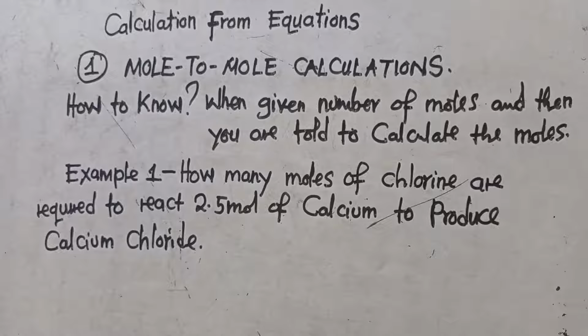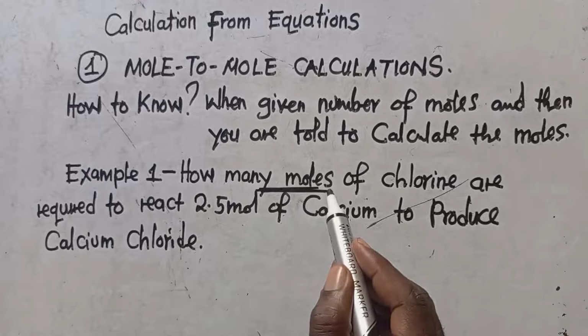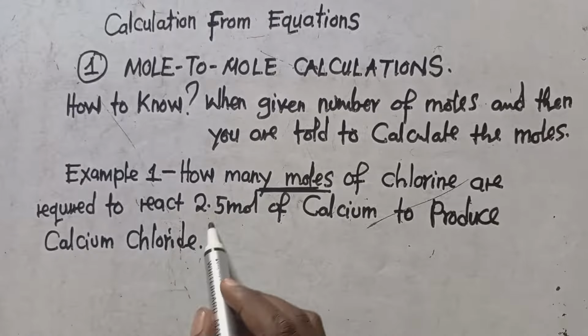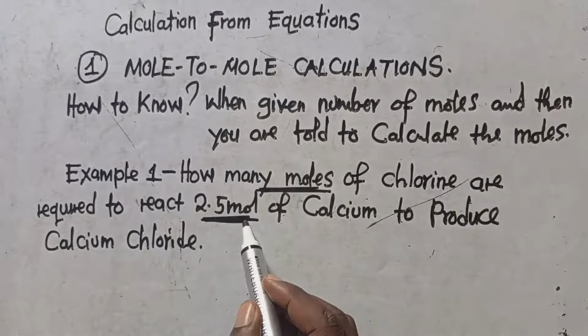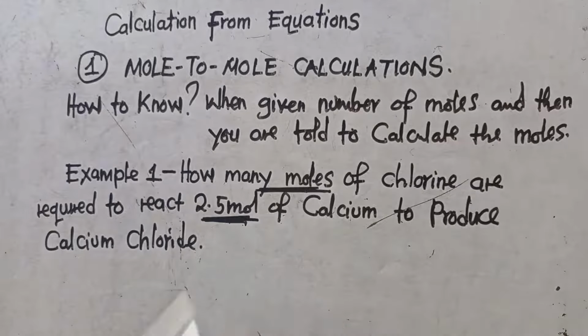How can you now answer this question? The first thing you need to do is identify the question. Is this mole to mole calculation or is it under mass to mass? Because we are going to look at all those things. So we are looking at mole to mole. You are told to find the number of moles and you are given the number of moles.